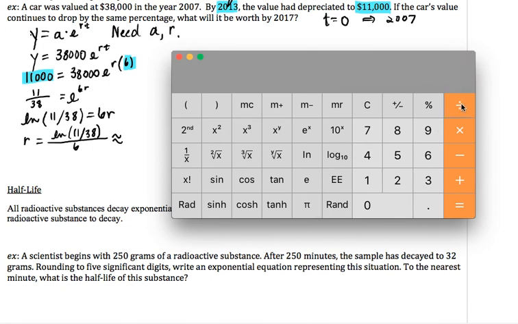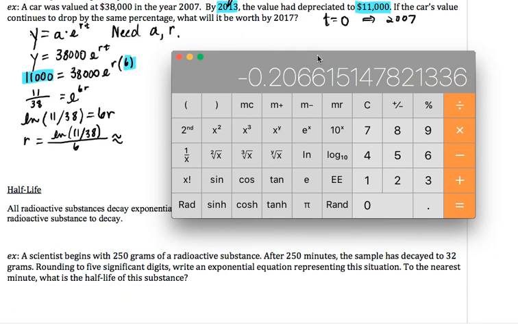Minor rounding errors can cause major errors in exponential functions because that error is multiplied essentially. So there's 11 over 38, and I'm going to take the natural log and then divide by 6. What I was saying there is we want to carry this out to a whole lot of decimals, because if I were to just round and call it negative 0.21, my answer might be way off later on in the problem.